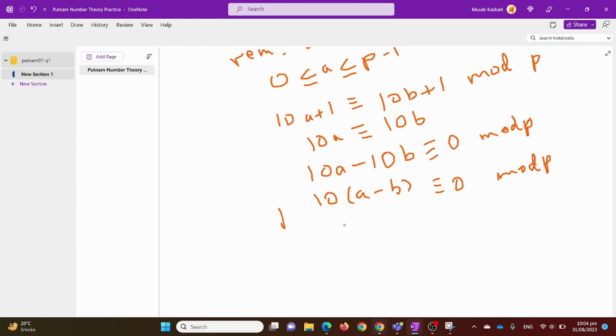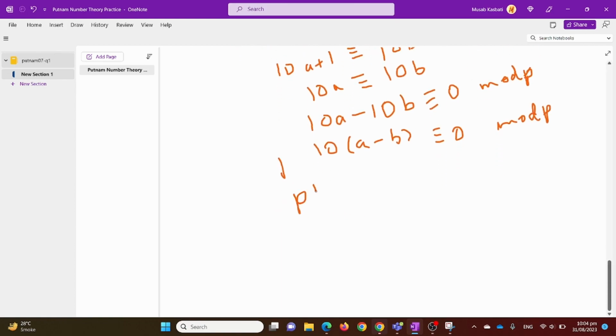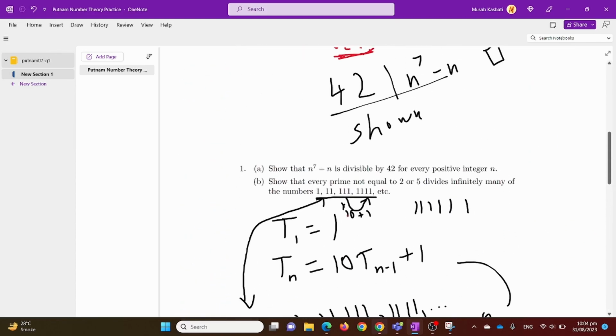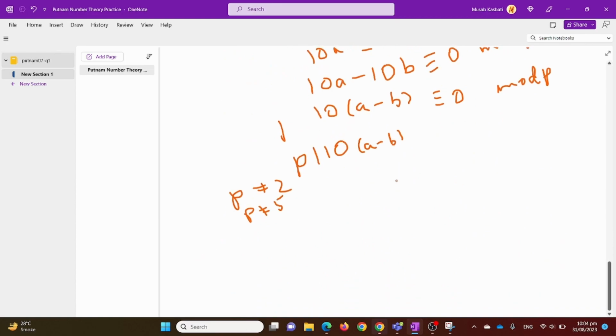Okay, but this just means that p divides 10 times (a minus b). If it has a remainder of 0, that means p divides this. But if p divides 10 times (a minus b), and I also know that p is a prime, and p is not equal to 2 and not equal to 5, because the question said that we're doing this for all primes other than 2 or 5, right?